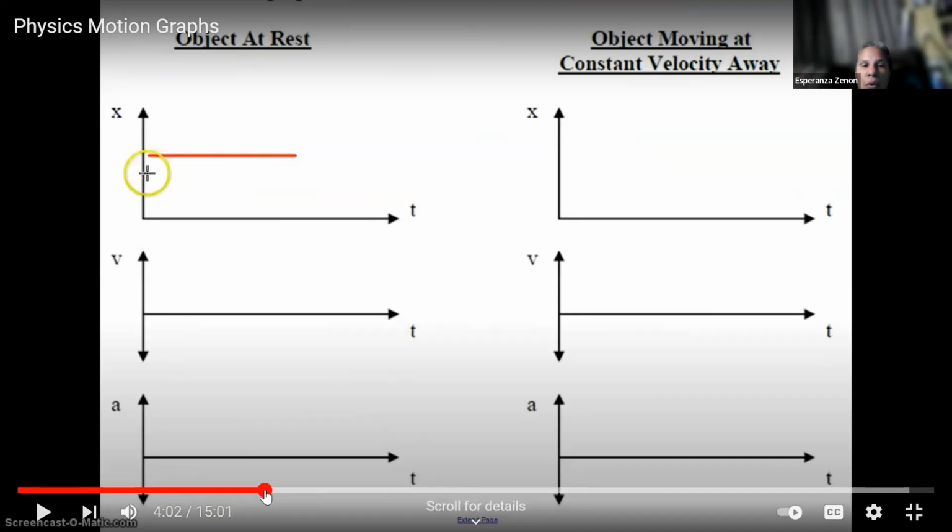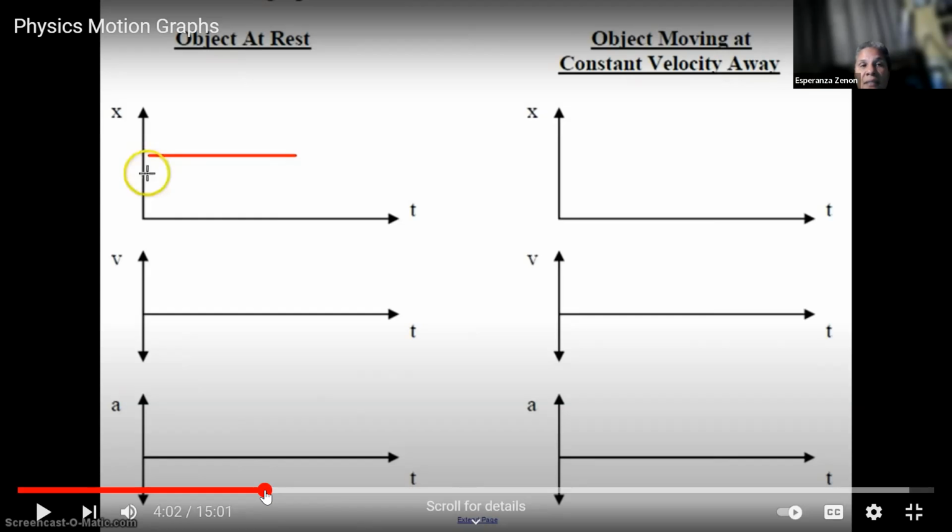So at rest, notice that the position is staying the same. The velocity and acceleration don't exist because it's staying in the same spot. That's what that first graph is telling me. The object is not moving. It's at rest.